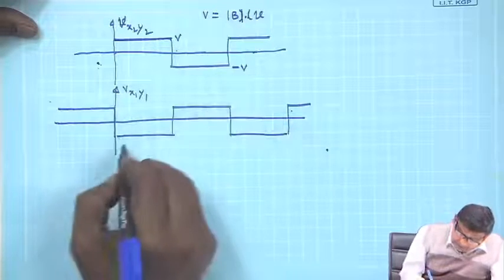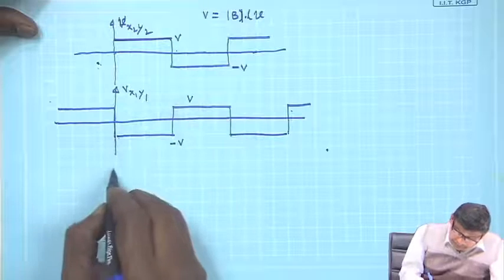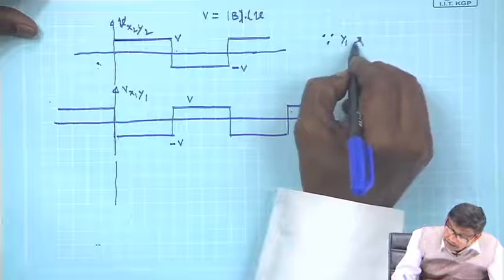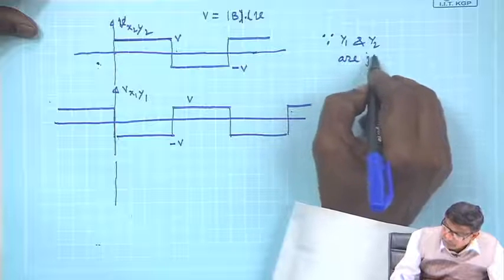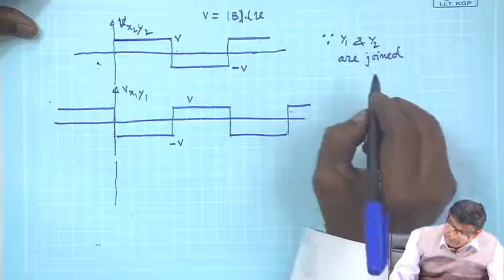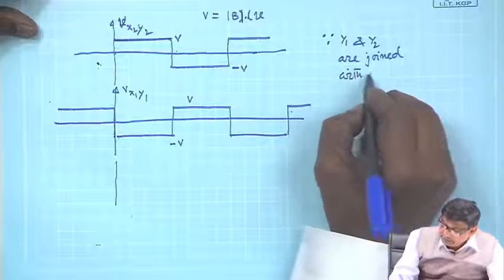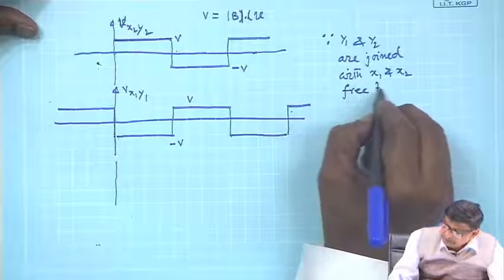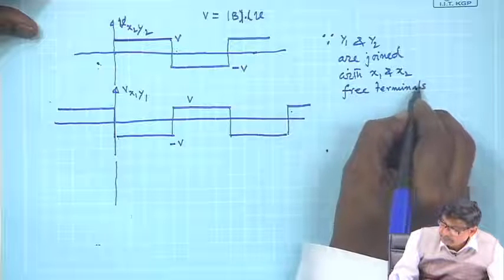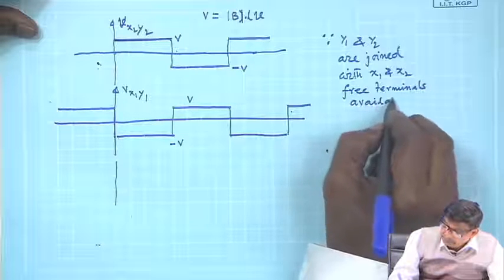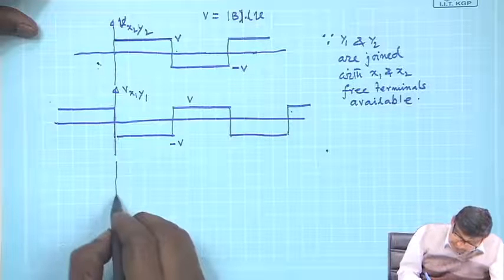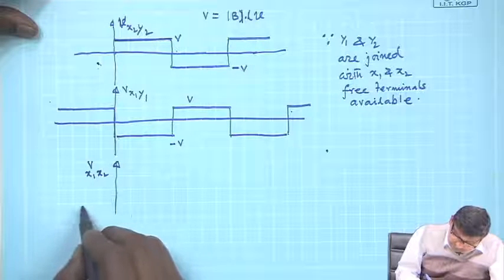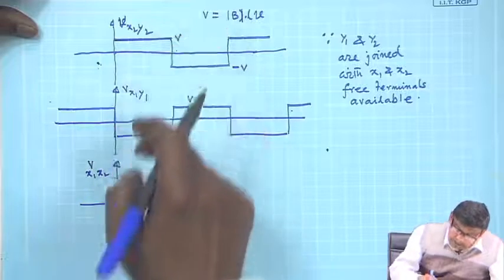So, V minus V, and this will be minus V, V. Therefore, what I am telling is, since y 1 and y 2 are joined, with x 1 and x 2 free terminals available, then I will say that V x 1 x 2 will be this waveform minus this waveform.